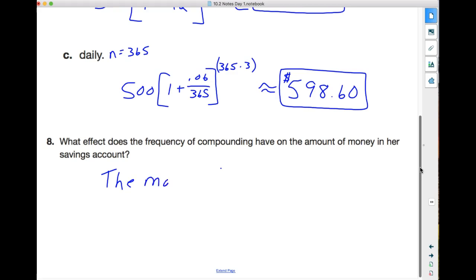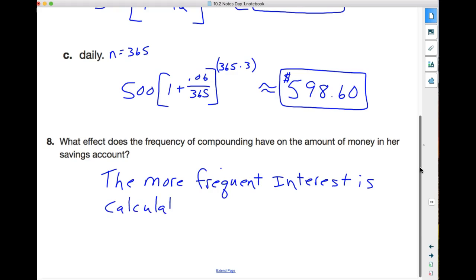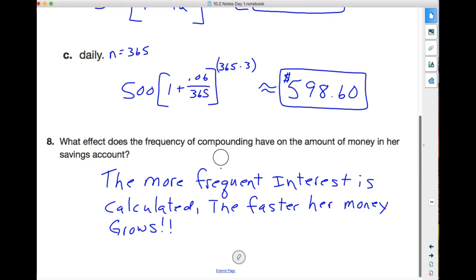Shocking, right? The more frequent her interest is calculated, the faster her money grows.